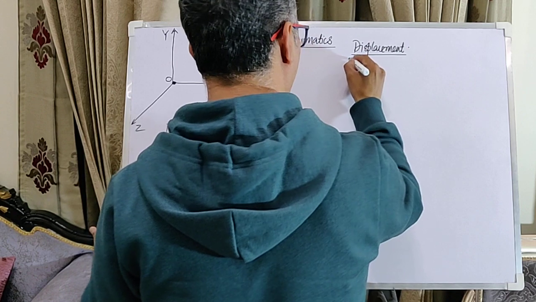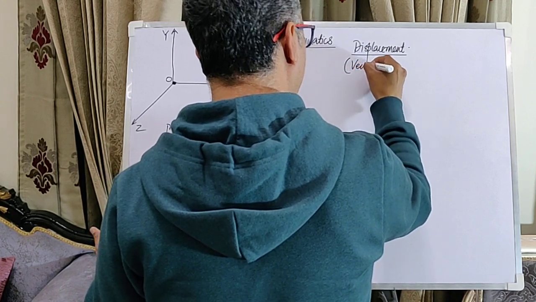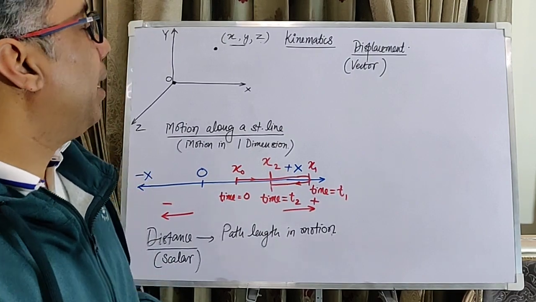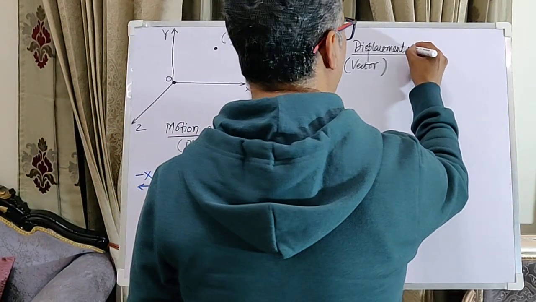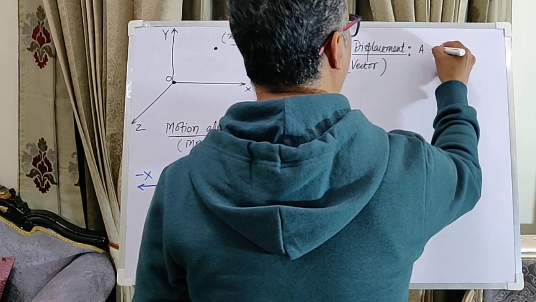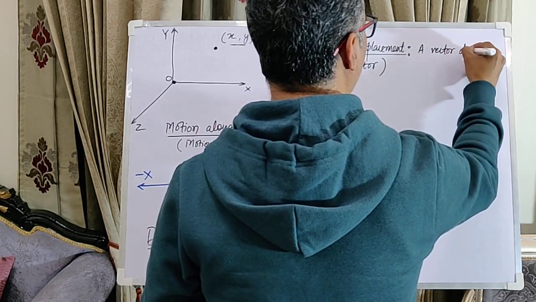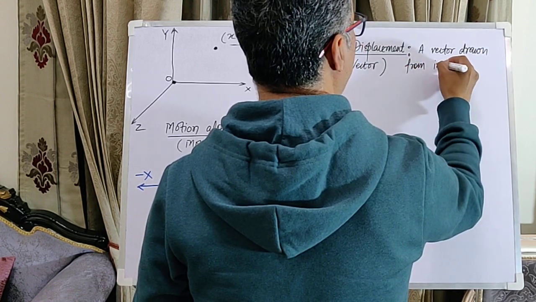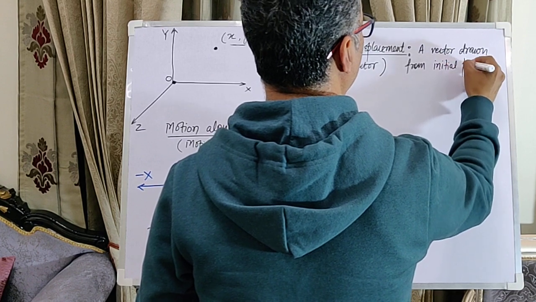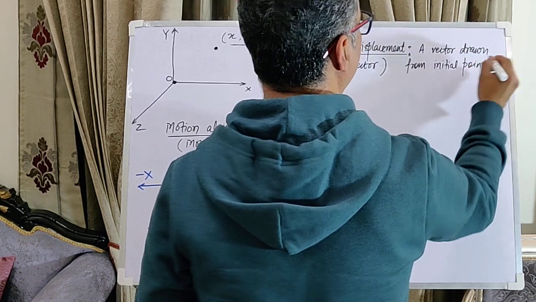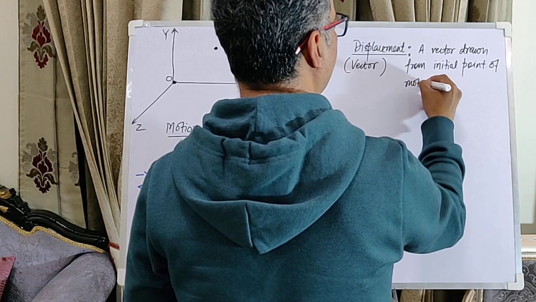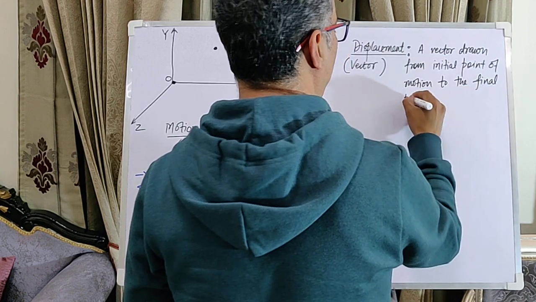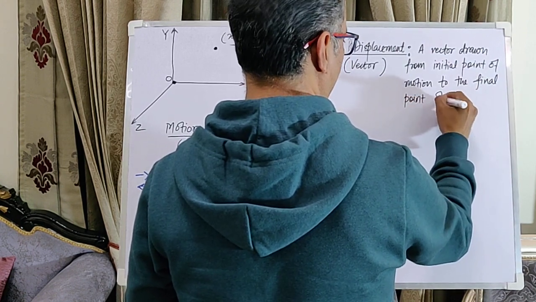Now this quantity is a vector, which basically means it has a direction, and it is described as a vector drawn from the initial point of motion to the final point of motion.